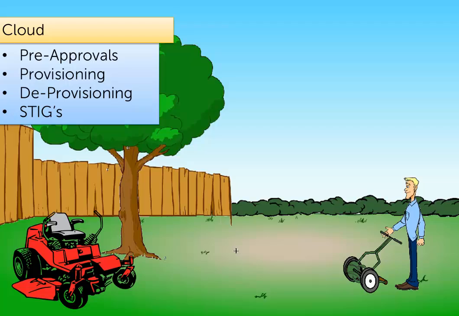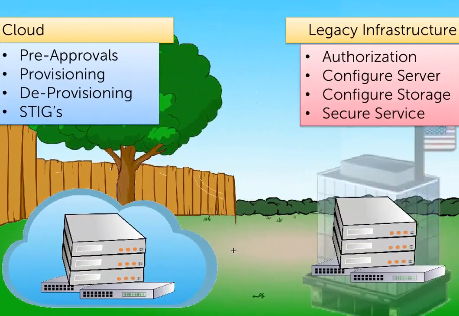That's pretty exciting stuff. So how do we look at this, and kind of in summary here? A legacy environment, similar to our push mower, we can get the job done. There's no doubt about it. But as the environments get more complex, as we get more and more stuff in our computing environments, the push mower, yes, we can do it, but it's taking a lot of time.